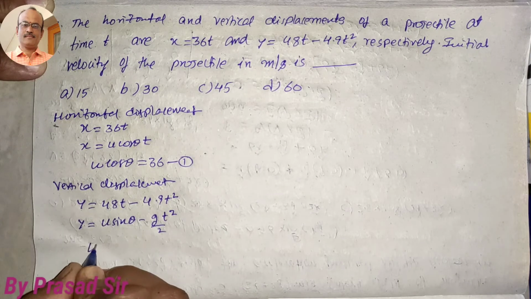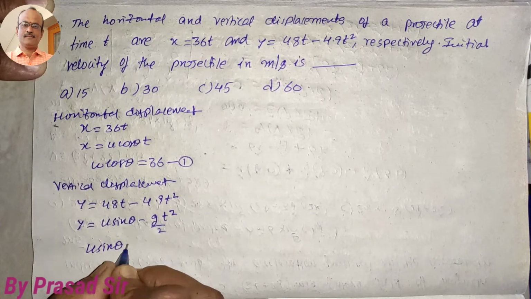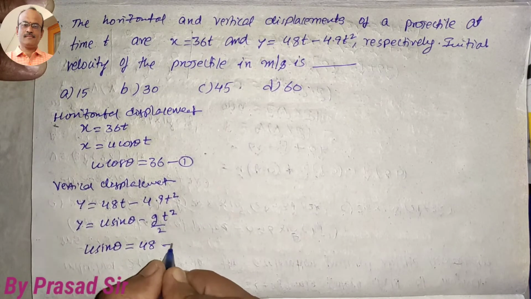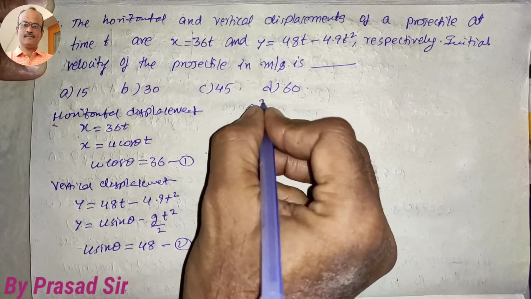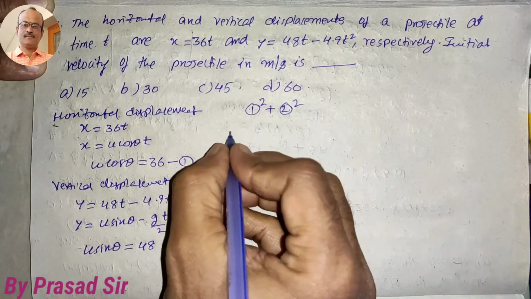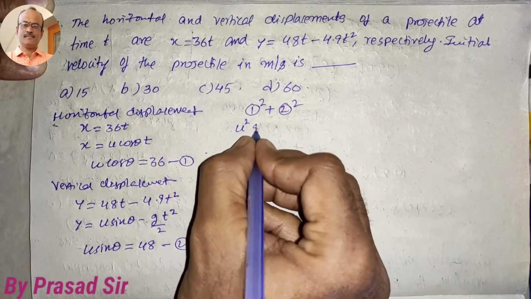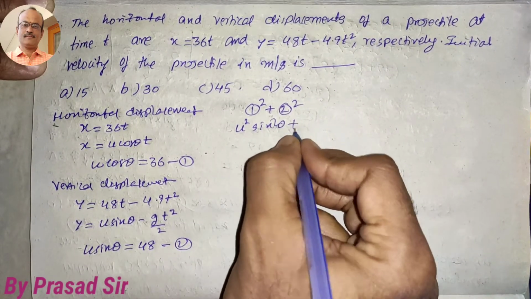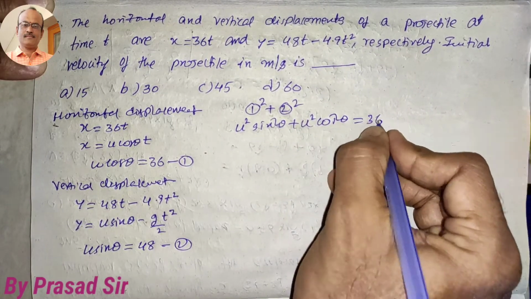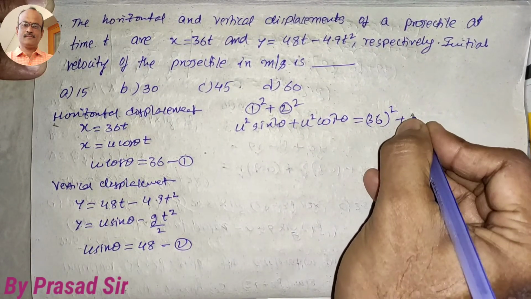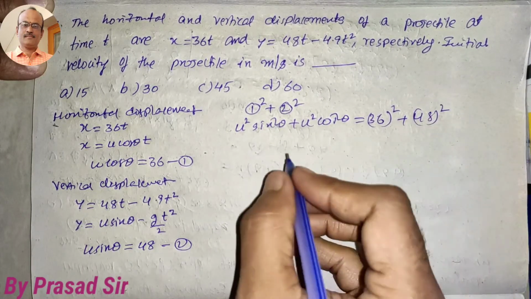So comparing these two, u sin theta is equal to 48. This is the second equation. But what I can do here, equation 1 square plus equation 2 square. So here u square sin square theta plus u square cos square theta is equal to 36 whole square plus 48 whole square.